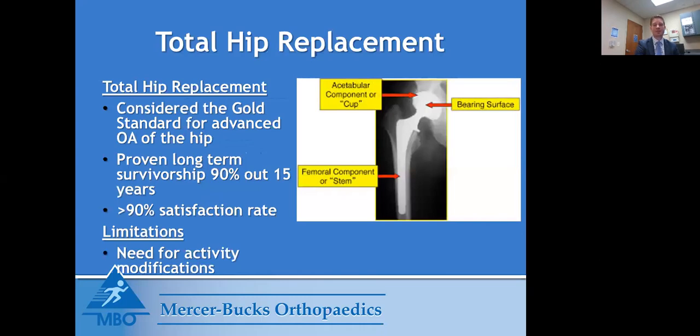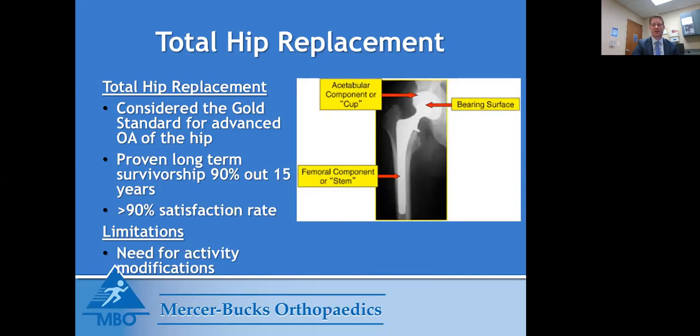So total hip replacement is considered the gold standard for advanced hip arthritis, with proven long-term survivorship of over 90% after 15 years, and a greater than 90% satisfaction rate. There are some limitations. There is a need to modify activities. High-impact activities that involve running, jumping, or collision-type sports should be avoided to minimize the risk of injury, number one, but also damage to the underlying components.